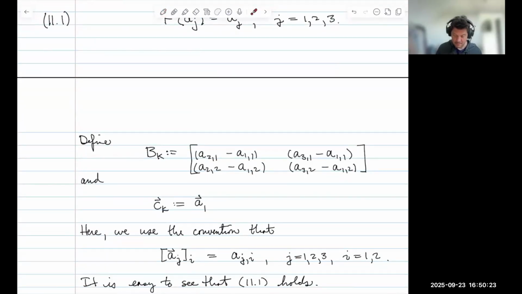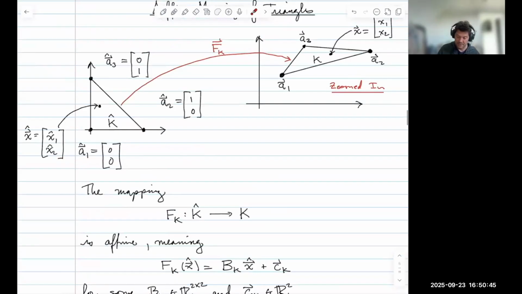For example, A21, what does that mean? That's the second node, first coordinate, according to this prescription. The second node, A2, and the first coordinate is what I mean when I say A21. So these are just the coordinates of the nodes from the target triangle, not the reference triangle.